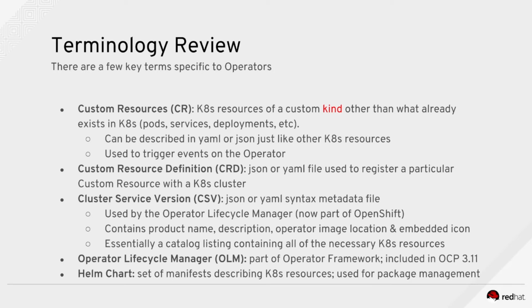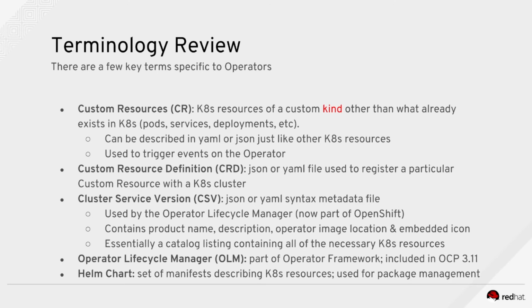It also encapsulates the operator deployment, RBAC YAML, and CRD as well. So it's just a single templated file that contains everything we need to launch an operator in Kubernetes. Like I said, it's part of Operator Lifecycle Manager. That's the unit that the Operator Lifecycle Management consumes, and it essentially acts as a catalog listing.